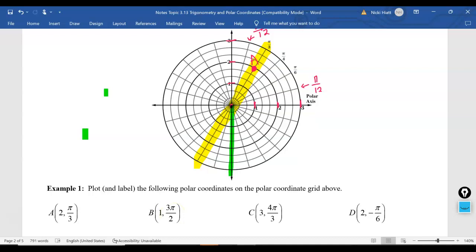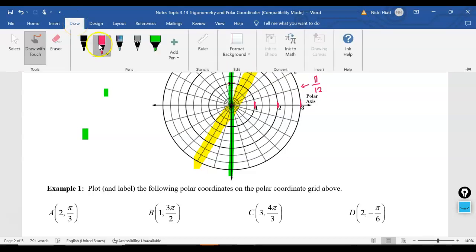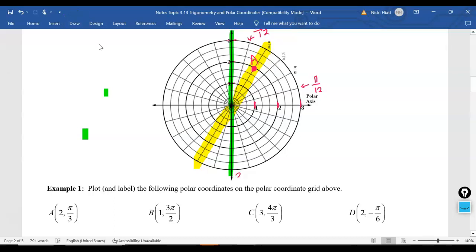I'm going to extend that all the way across, but keep in mind the angle that we're going towards is down here, 3 pi over 2. If we want a radius of 1, we'll start right there at the pole and go out until we hit the circle that has a radius of 1. That is right here, and this would be our point B.